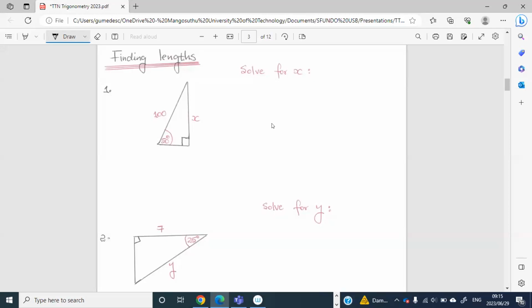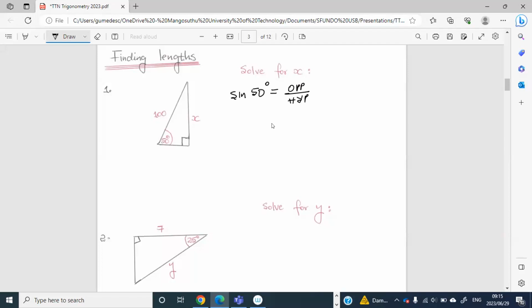And then you think about which trigonometric ratio relates opposite and hypotenuse. Then you remember, opposite over hypotenuse. So it's sine that relates opposite and hypotenuse. So it means sine 50 degrees, because we're using 50 degrees now, is opposite over hypotenuse, right?